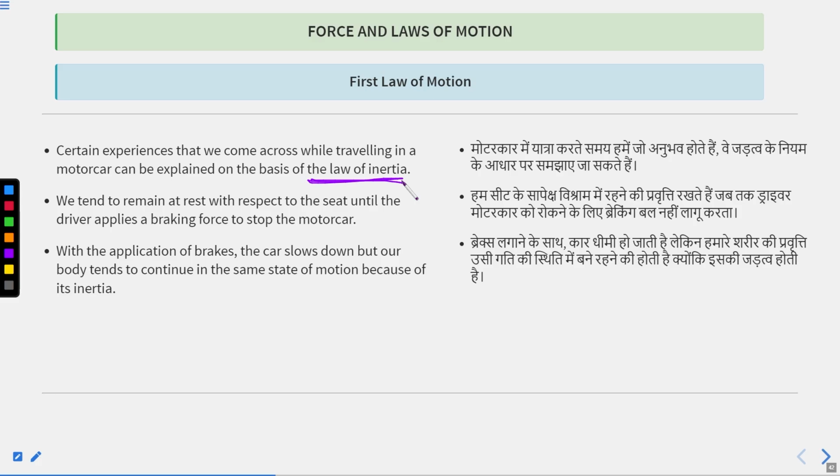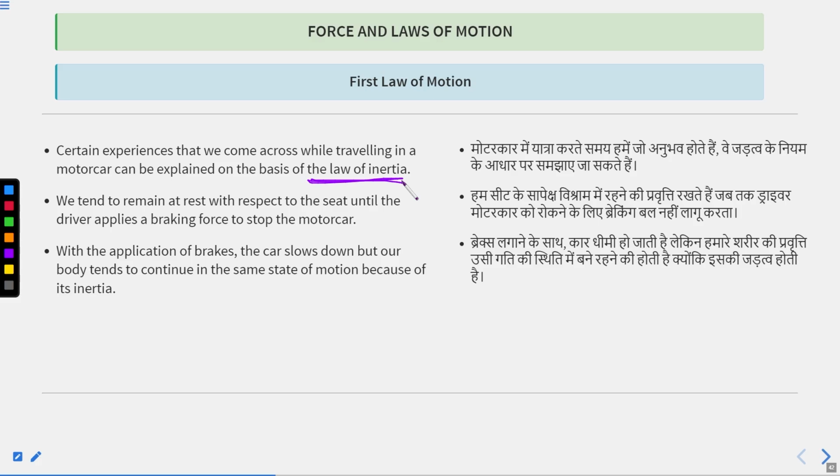If the bus moves suddenly, your legs are touching the floor of the bus, so your legs will move with the bus, but your body is still in the rest state. So you feel that you have moved in the backward direction.